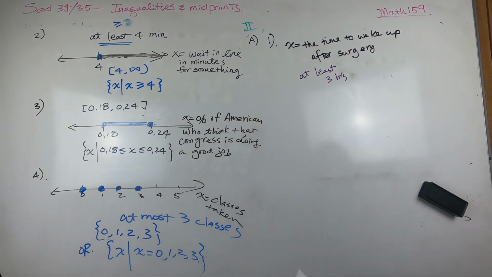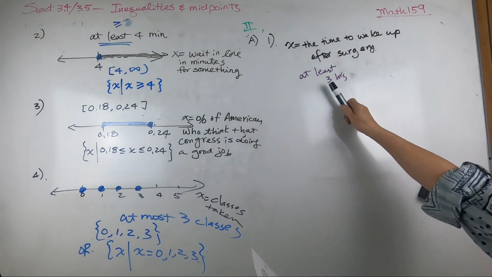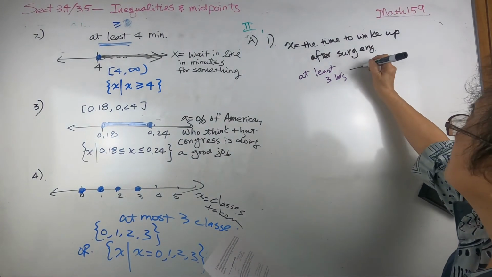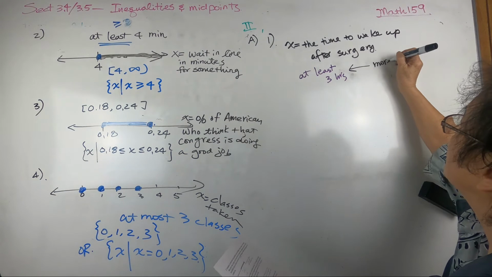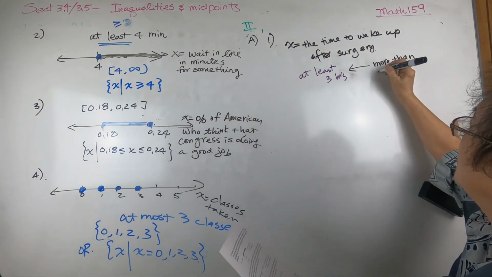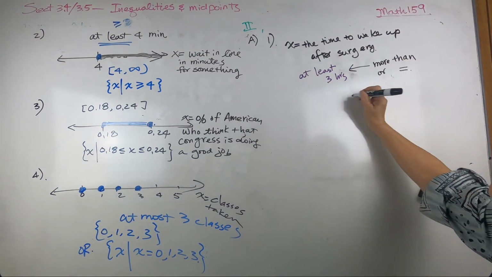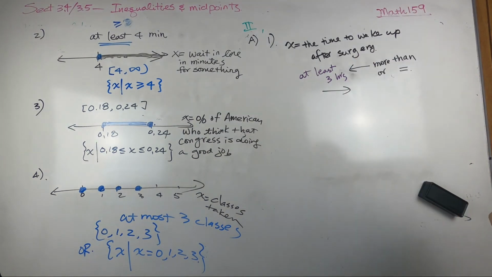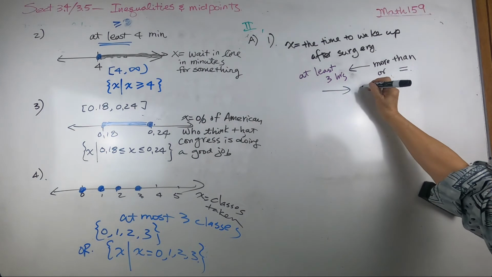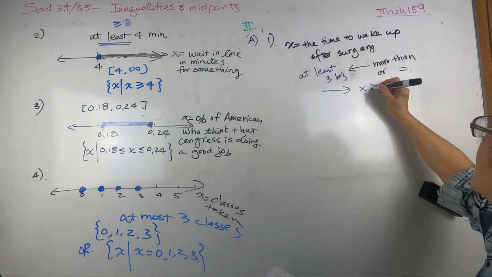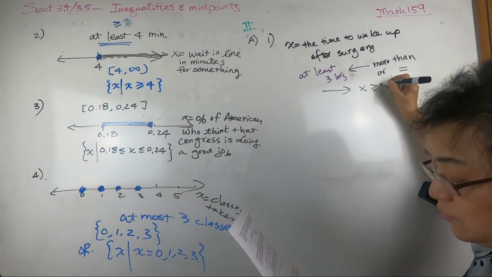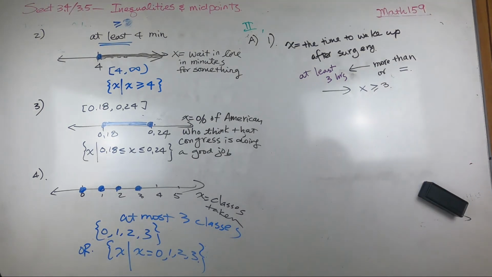So at least means what? More than or what? Equal to. So if you write the variable, how should you write the inequality? You should say X is what? Bigger than or equal to 3.